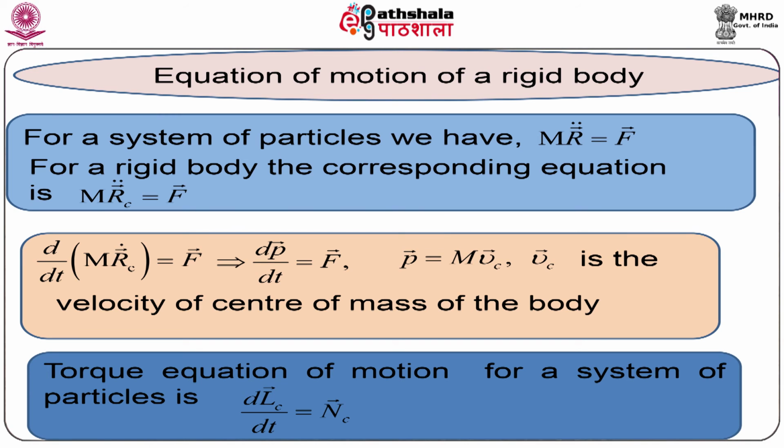So, this can be written as d dt of small p vector equal to capital F vector. d dt of small p vector is the ordinary derivative of linear momentum with respect to time t. Thus, we have p vector equal to capital M v c vector, small v vector suffix c is the velocity of center of mass of the body.